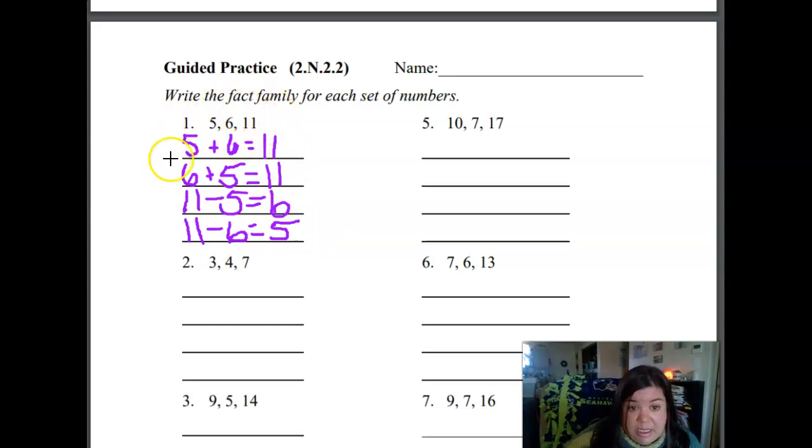We didn't use anything besides these 3 numbers to make these 4 sentences true. So just using these 3 numbers, how can you write 4 math sentences and make them true? Remember, the largest number is going to be the answer to your first addition problem. So go from there. Pause the video and work on those now.